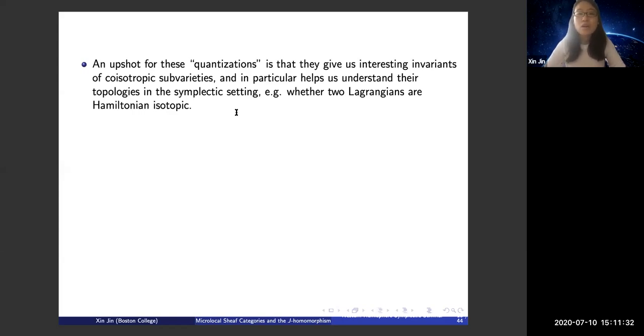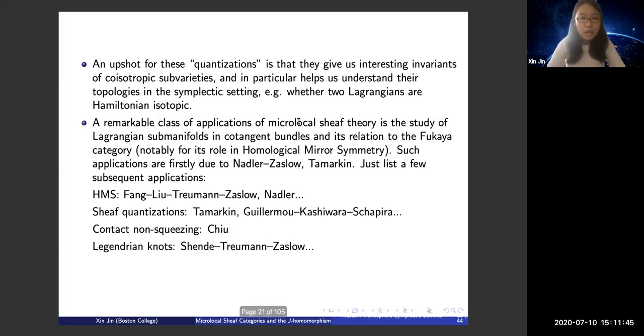For example, to tell that two Lagrangians are not Hamiltonian isotopic, you can try to show that their associated quantizations are different. That's one typical approach.